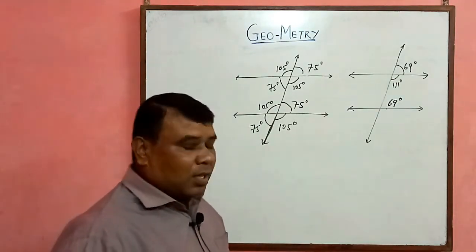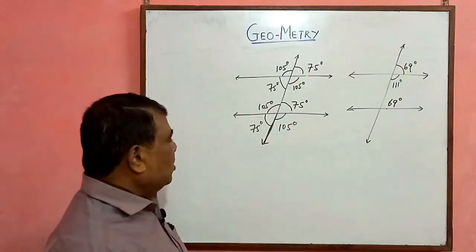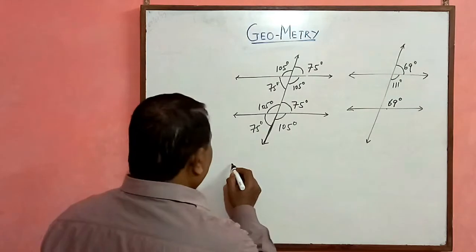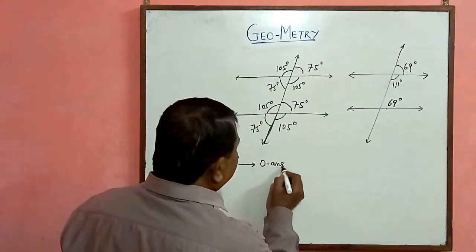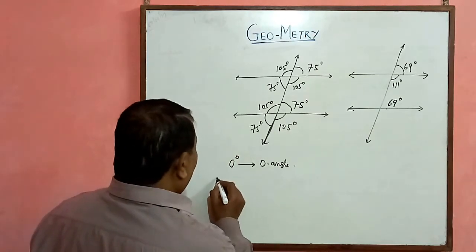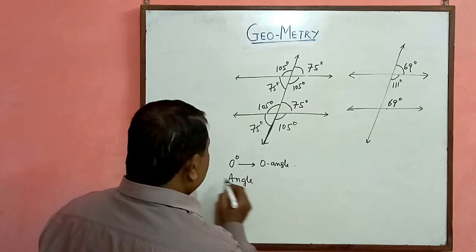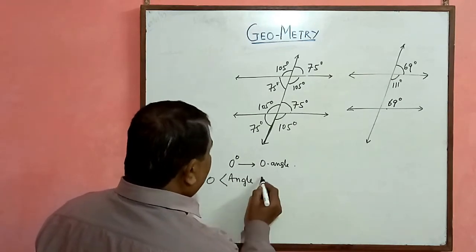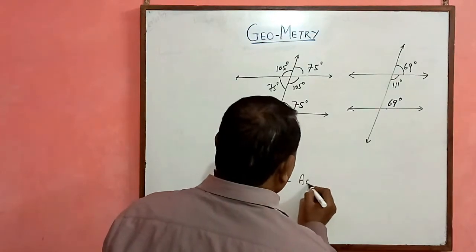Now, I will tell you briefly about the angles I told you. Here, we start with 0 degree, 0 angle. Now, an angle greater than 0 degree, less than 90 degree, is an acute angle.